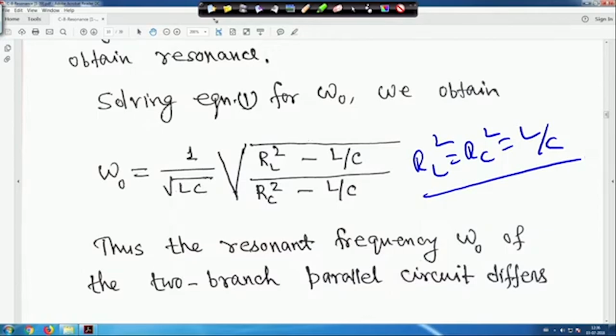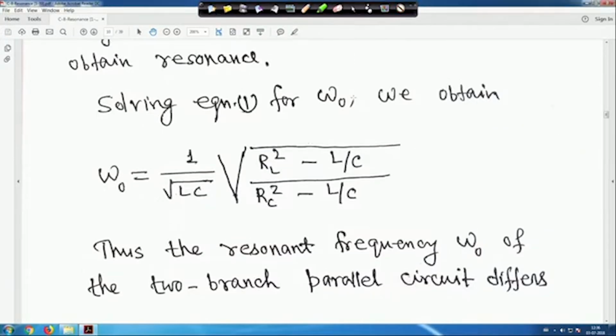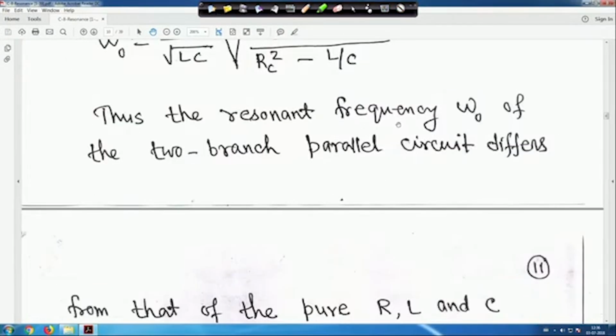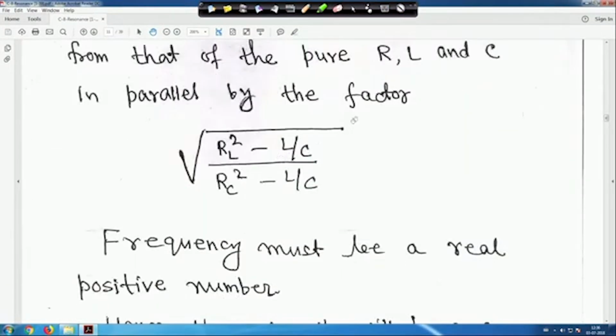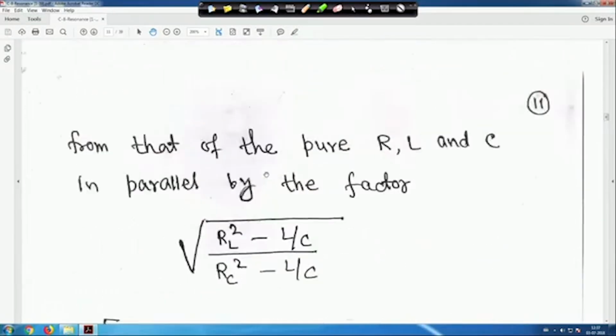So this is the resonant frequency omega 0 of the two branch parallel circuit. This factor has been multiplied: when a series RLC circuit is 1 upon root over LC, with this factor it has been multiplied, as I told you.